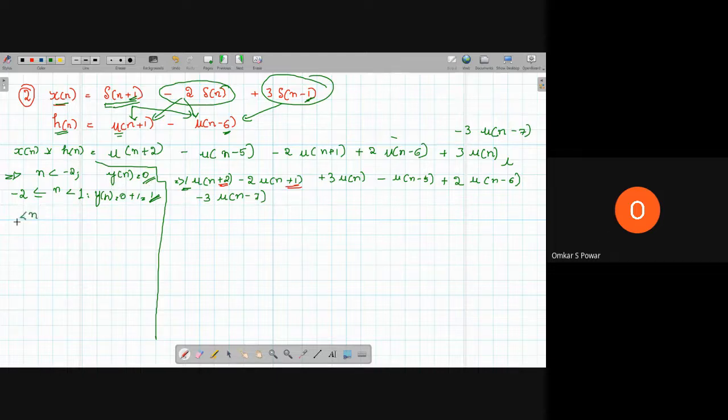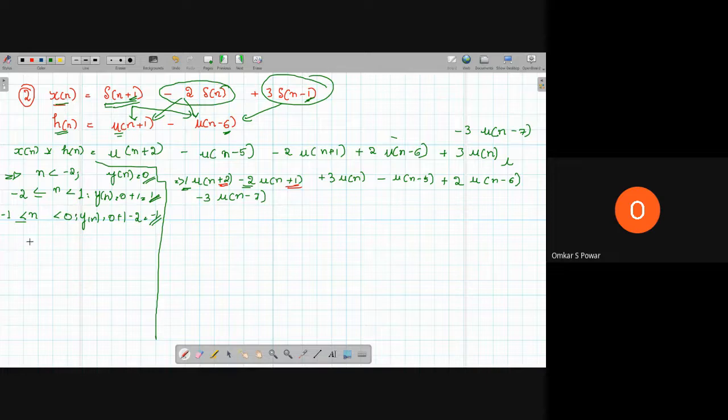Okay. So n varies from, so minus 2 to 1 is over, from 1 to 0. So minus 1 to 0, because here minus 1 and 0. So what will be our y of n? 0 plus 1 and here it is minus 2, which will be equal to minus 1. Okay.